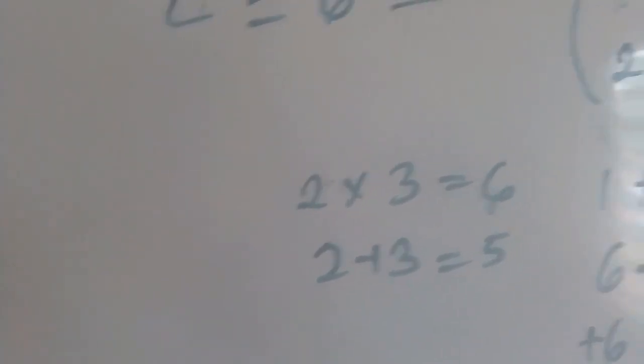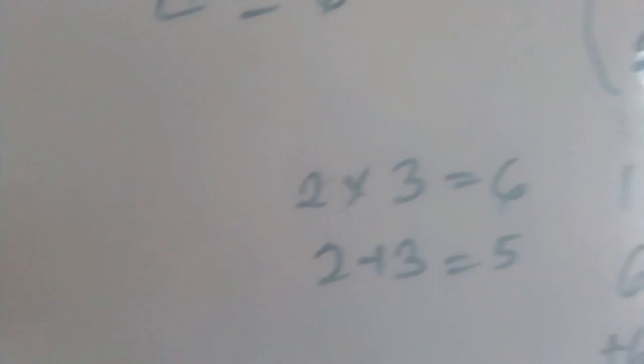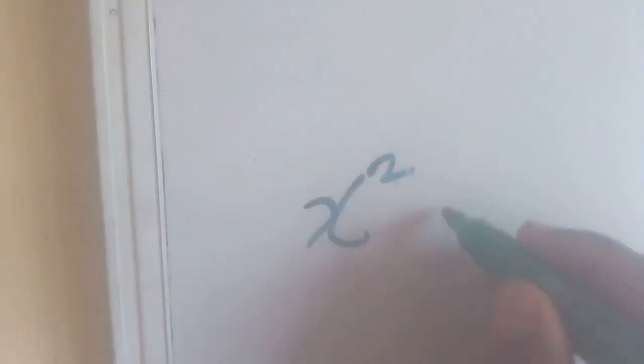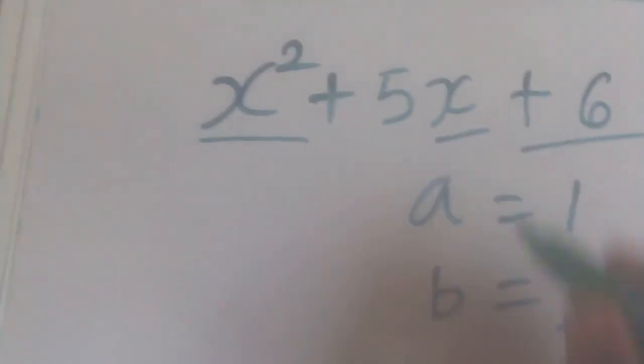They are the factors we need for this expression. So we are going to go ahead and write x squared, then the 5x, for which we have chosen the factors 2 and 3.